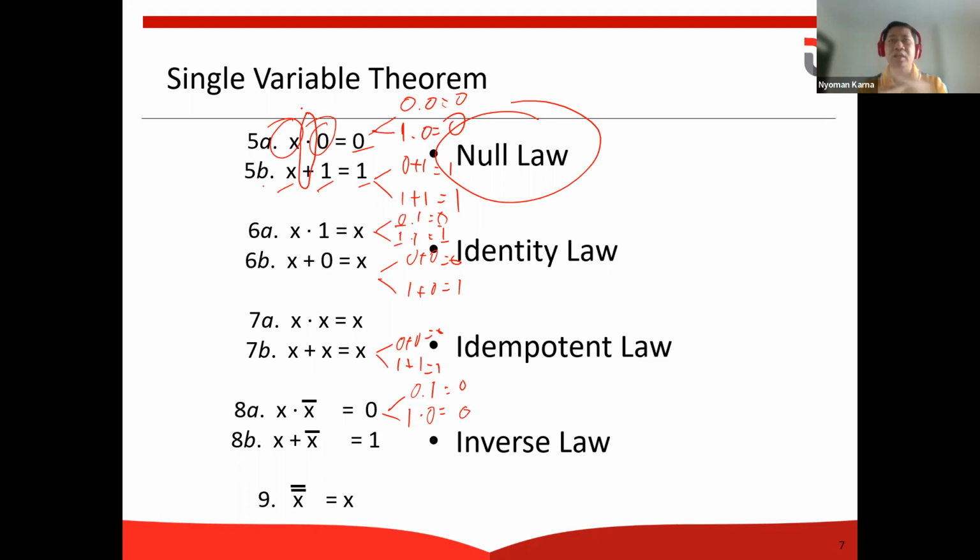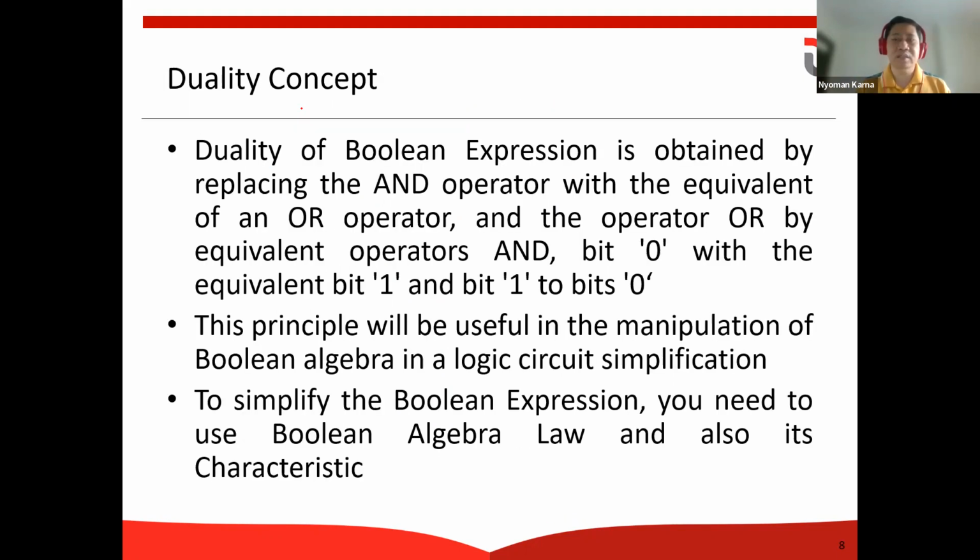Can we exchange this? And the answer is yes. That's what we call duality concept. So there is always a way that we can exchange AND, which is the multiplication, to become OR, which is addition.